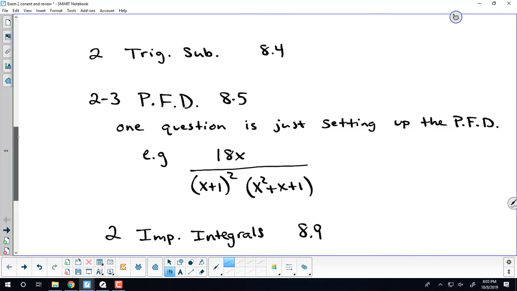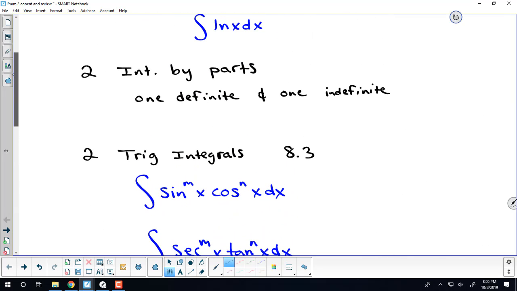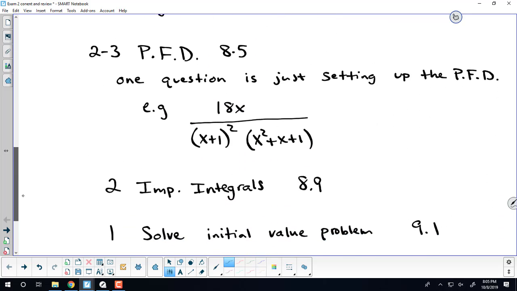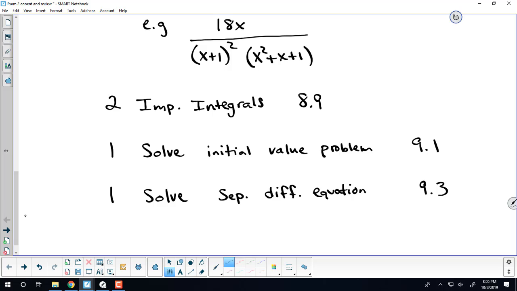So let me just say integration by parts, if I didn't mention, was from 8.2. For the basic antiderivatives on 8.3, you gave an example of integral of secant x.